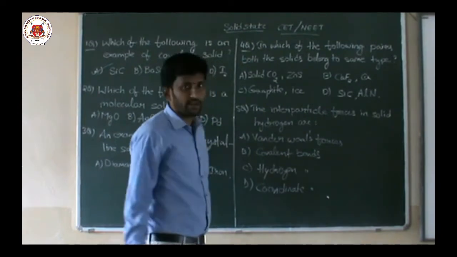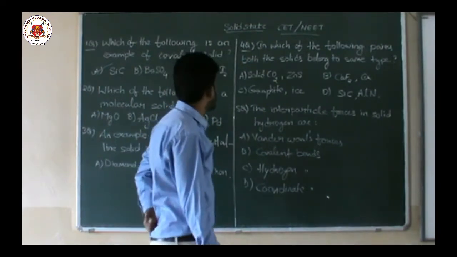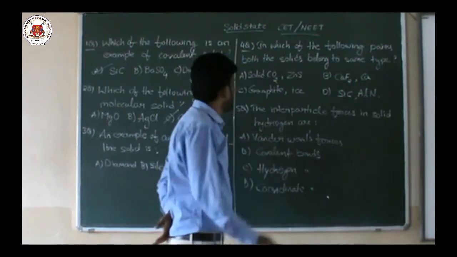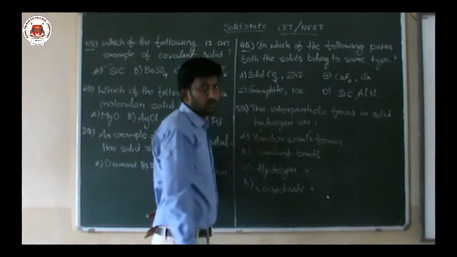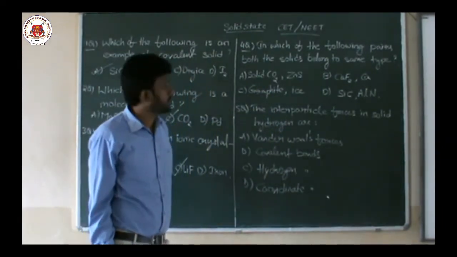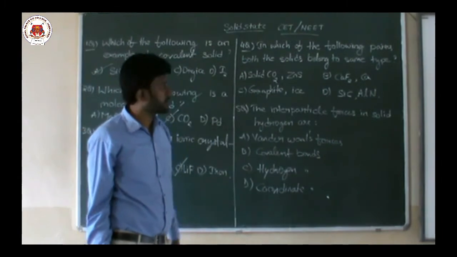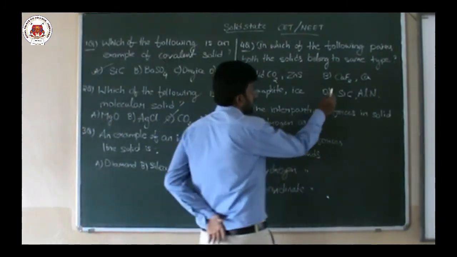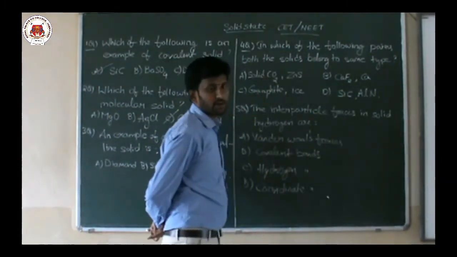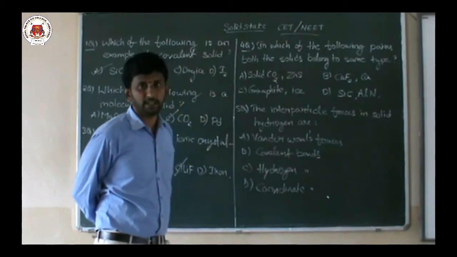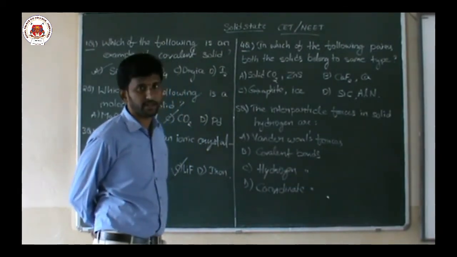As you know, zinc sulfide is an ionic solid, and solid CO2 is a molecular solid. So these two belong to different categories. Calcium fluoride is an ionic solid, pure calcium is a metallic solid. That is also a different combination.